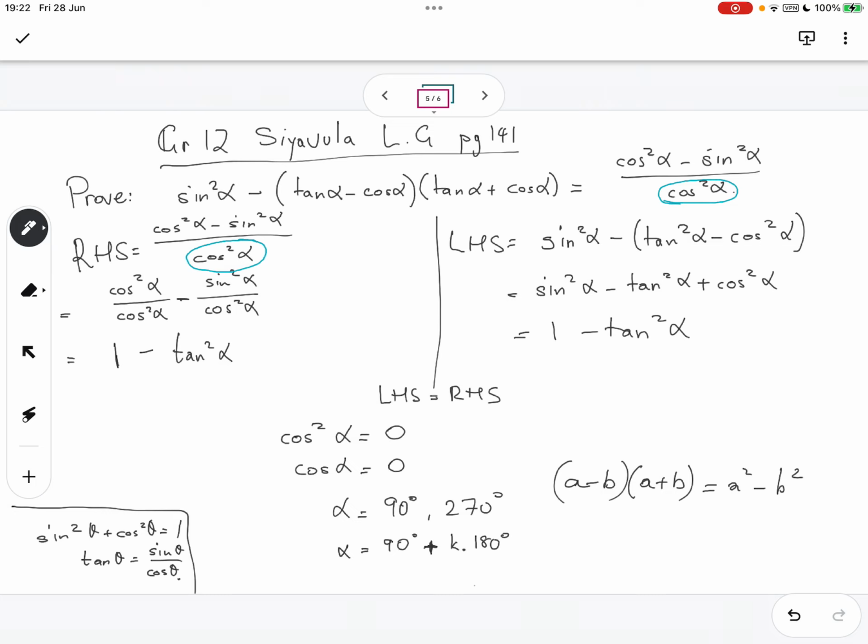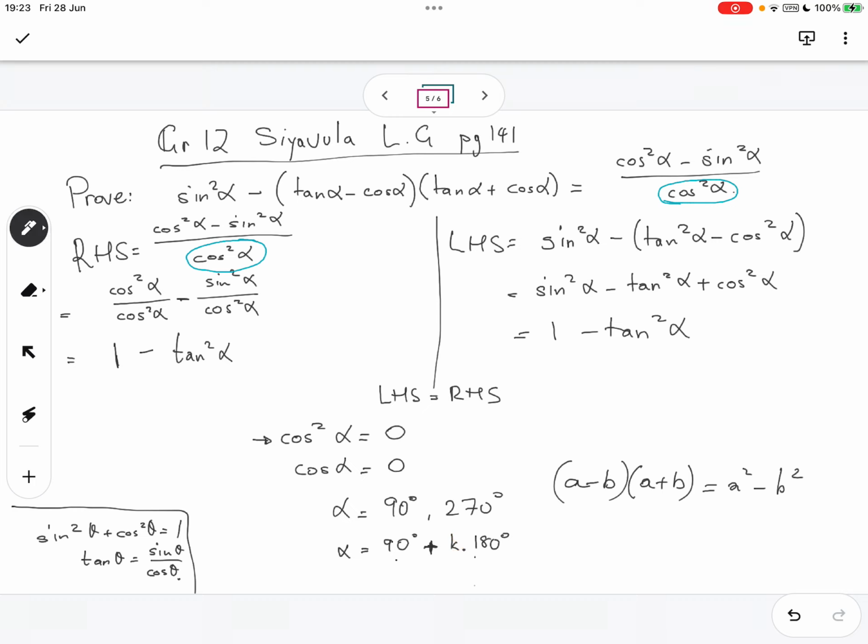That means we must limit our trigonometric ratios, so that wherever we find the denominator, we shouldn't get a denominator of 0. And we will get a 0 if alpha is 90 and we add 180 degrees, regardless of how many times we multiply that 180 degrees by.